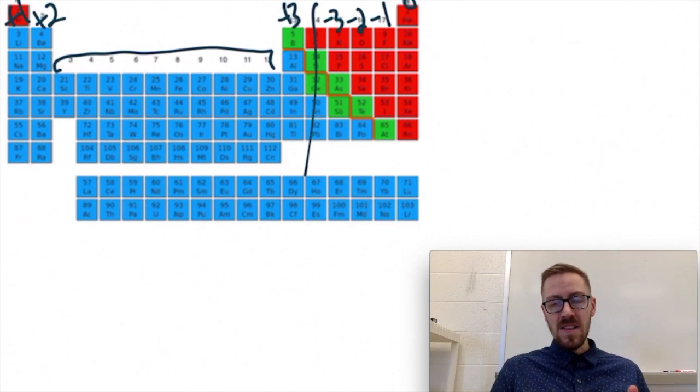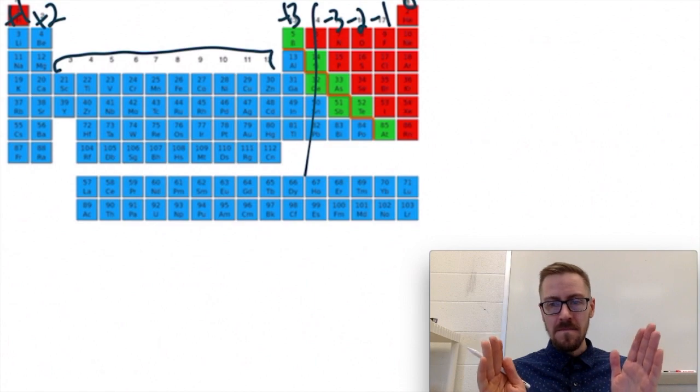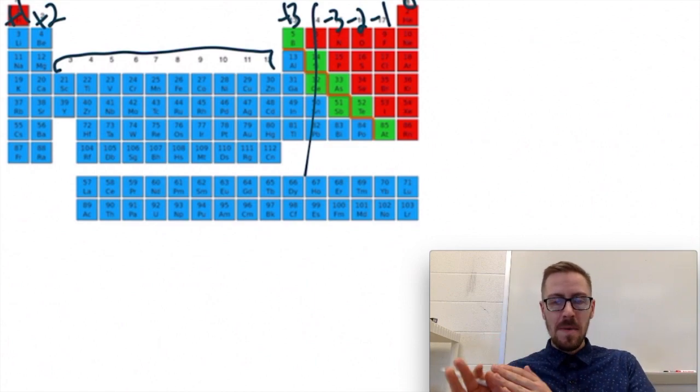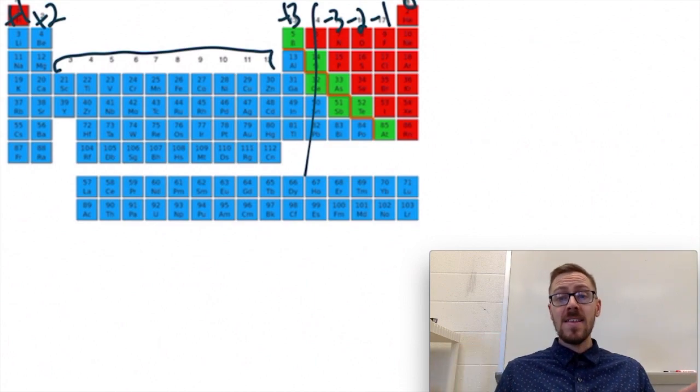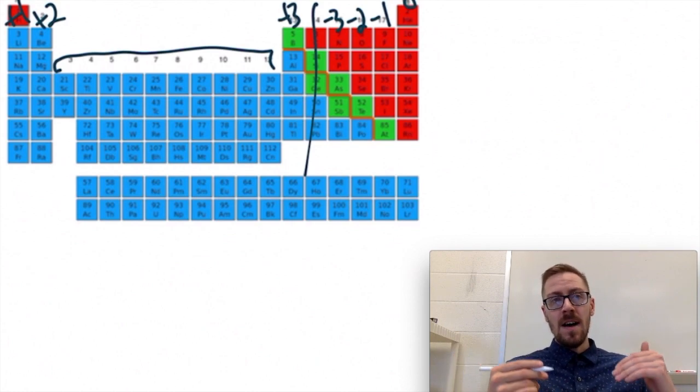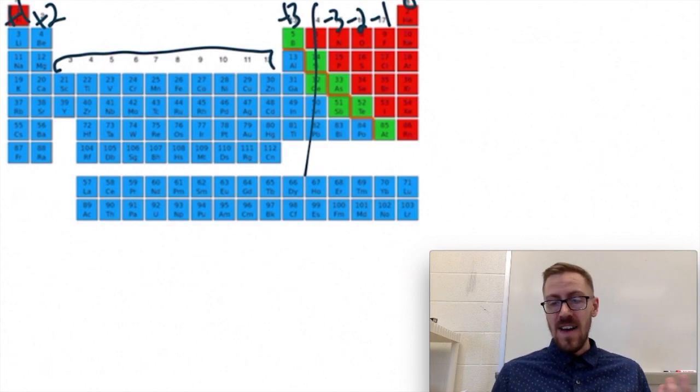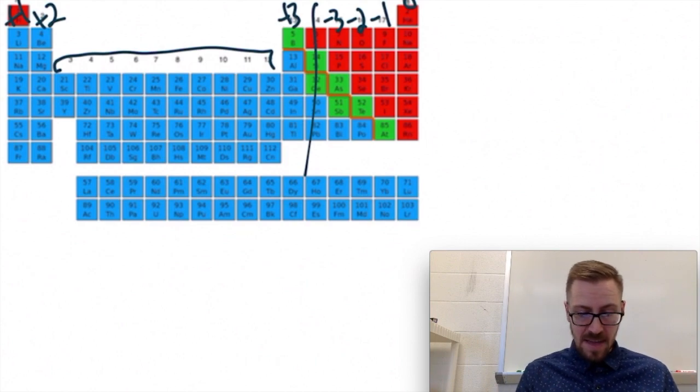So these +1, +2, +3, depending on the column, and then -3, -2, -1, depending on the column, give us a lot of information about how many atoms will be involved in a reaction. So, for example, if I ask you about potassium, potassium is K. We find it on the periodic table. It's right here.